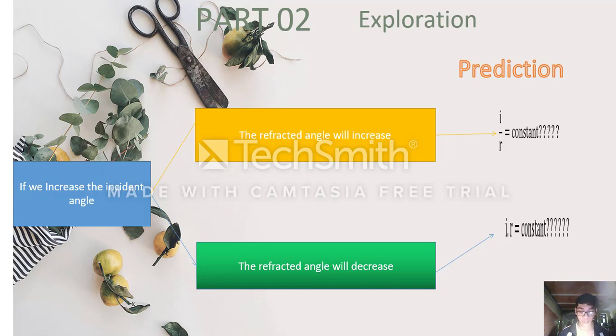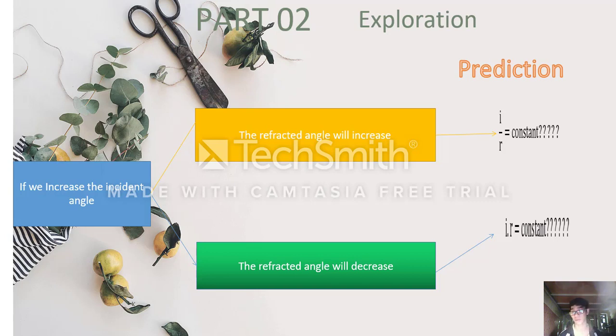Yes, and the physical significance is that the refracted angle and the incident angle are inversely proportional. Yes, this is a prediction because of theory deduction.